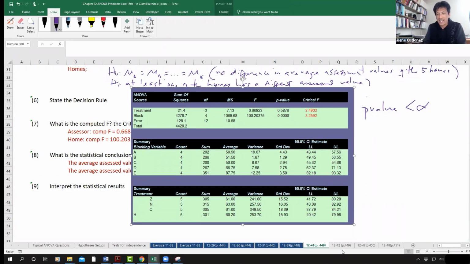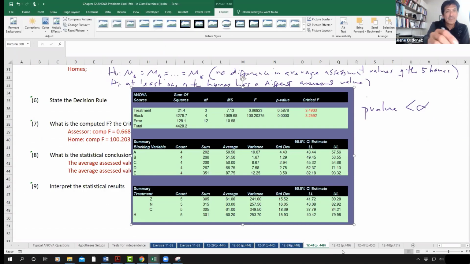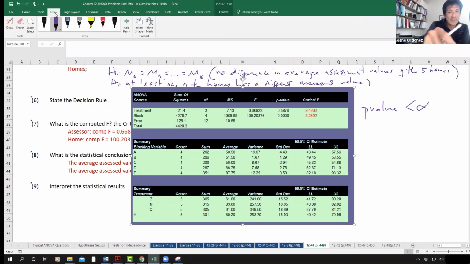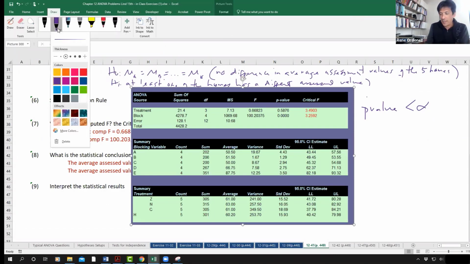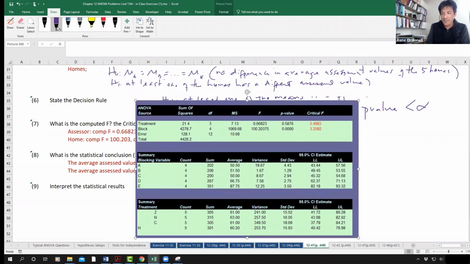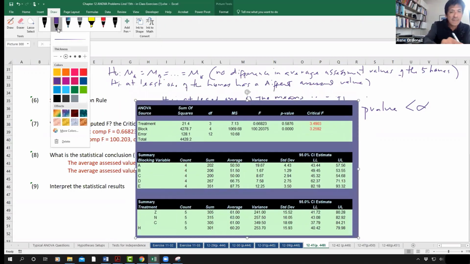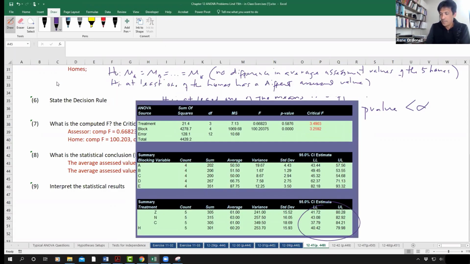All right, as far as the treatment of the homes, or the average of the homes based on the assessor, they're the same. Practically these are the same. We'll say not different.